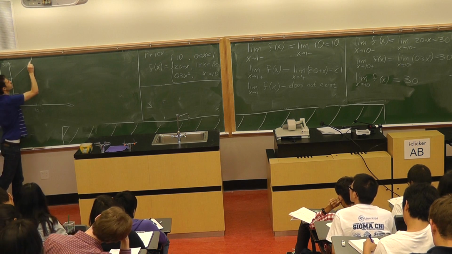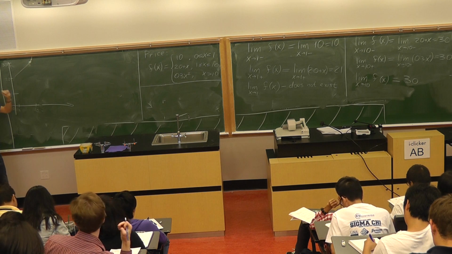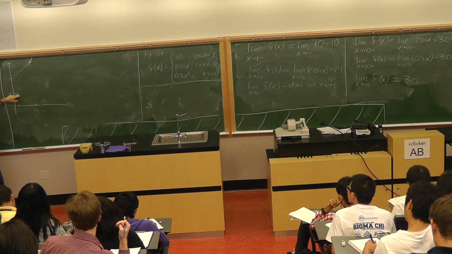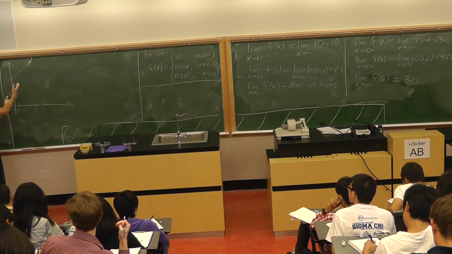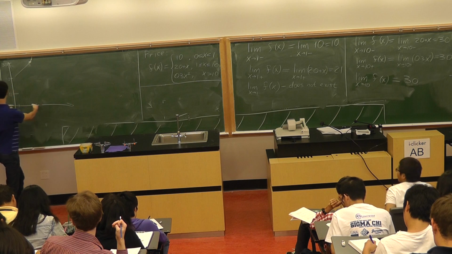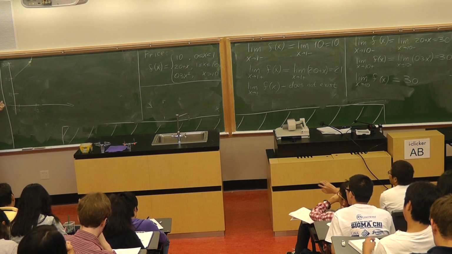But somehow at this point, the two values do match. So you see that at point 1, there is a jump in the definition of this function, in just how it looks. That's why the limit does not exist. You approach 1 from different sides, you get different limits.